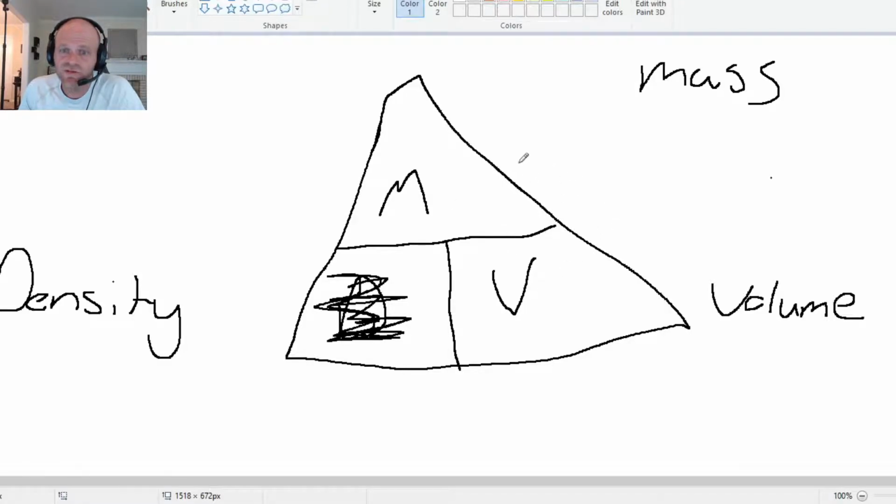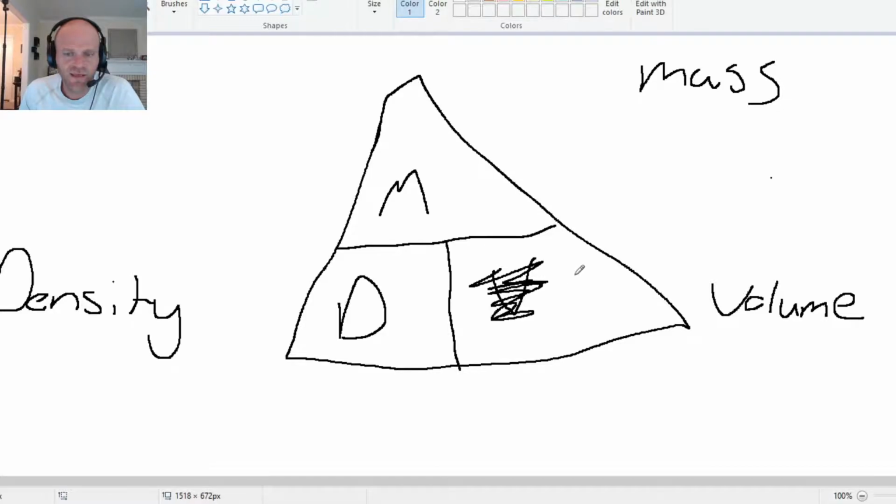Make sure you put your units in though at the end. Grams over milliliter. Okay, you have to leave this little dividing line in there. All right, back it up a little bit. Say they give me the density and the mass. Okay, so I would cover up volume because that's what I'm trying to solve for. Mass divided by density gives me volume.